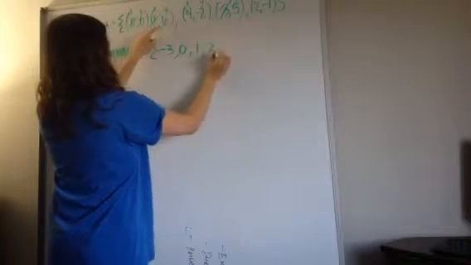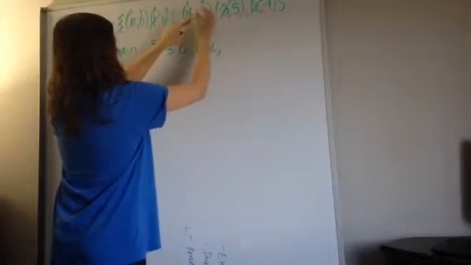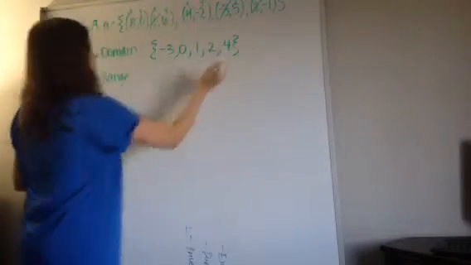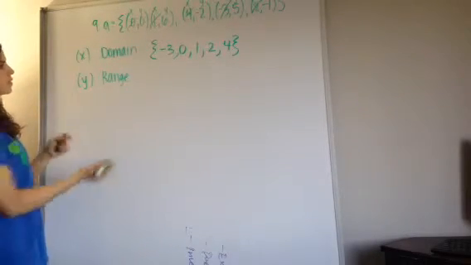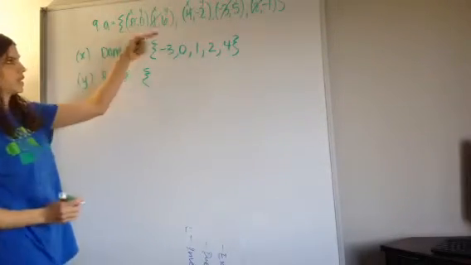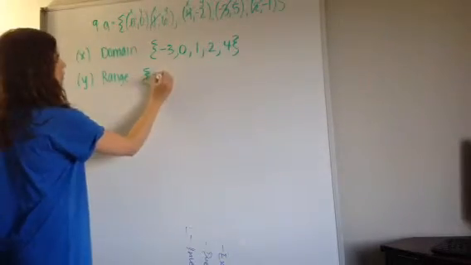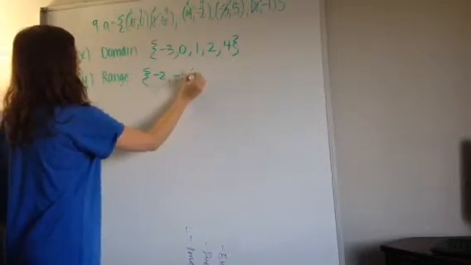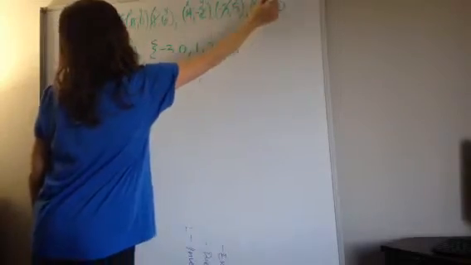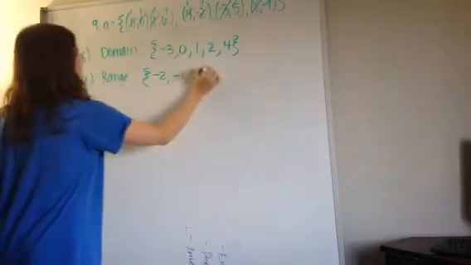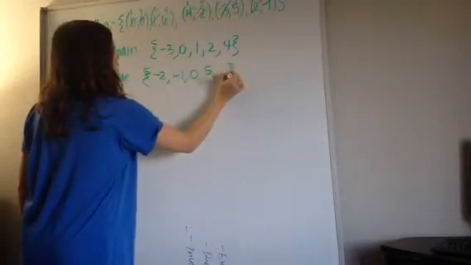And then 2. And then 4. And there's your domain. And then the range are just now the second values, the y values. So the smallest would be negative 2, negative 1, 0, and then 5, and 6.